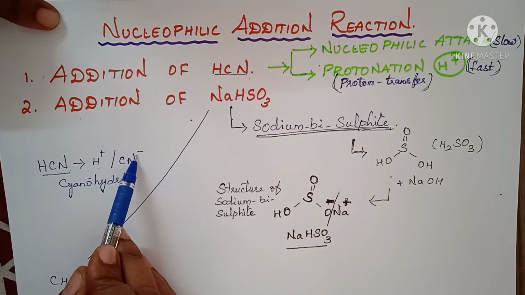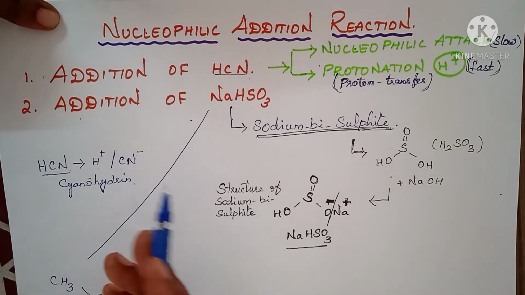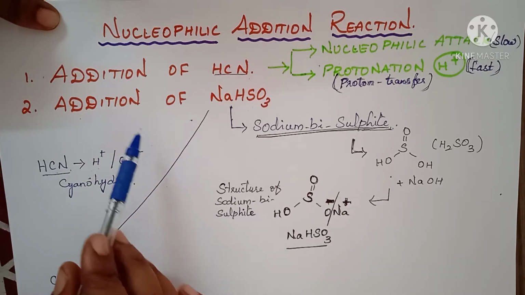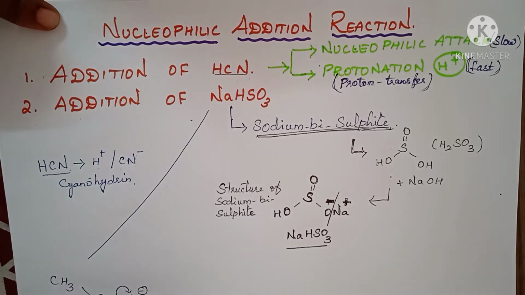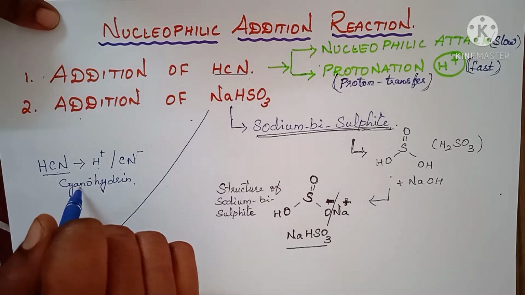CN minus is an example of a nucleophile, about which you already got the idea from the last video. Now this is ready to attack for the nucleophilic addition reaction. This is the first reaction part.